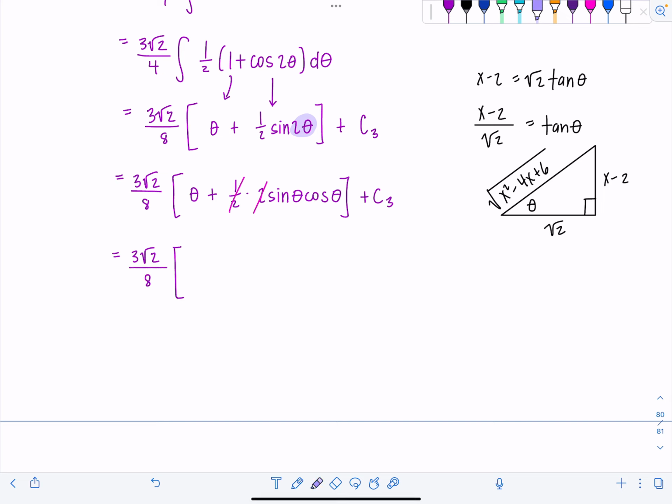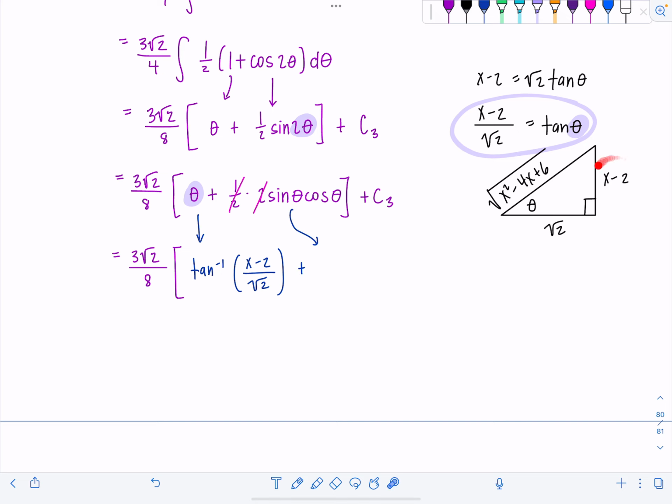Now, when you've got just plain old theta, what do? Come right here. Theta by itself is tan inverse of the left-hand side. So theta is tan inverse of x minus 2 over rad 2, like that, plus sine theta will be ratio of opposite over hypotenuse.